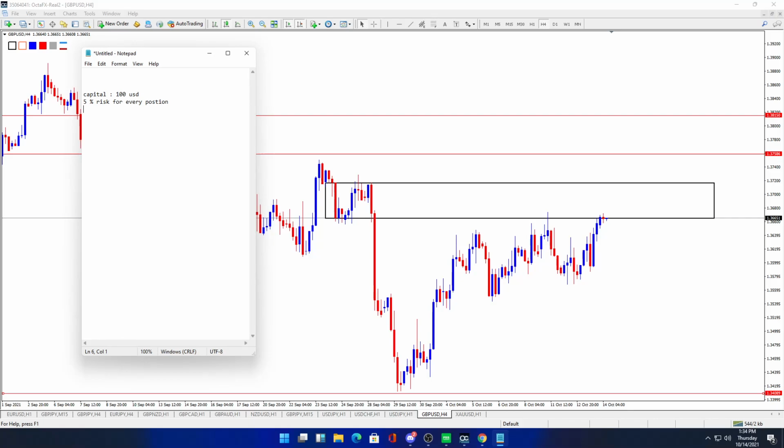Let's say every 10 positions you lose 2 entries, which means you win 8, you lose 2. And your SL must be smaller than your TP. If your SL is 20 pips, your TP has to be 40 pips.